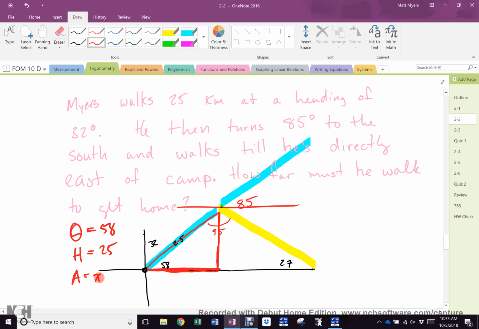Now the only trig you people have done uses O and A, right? Well, I've got A and H. But I've got a right angle triangle. Can I do trig with a right angle triangle? I can. Can you yet? No. But you understand A's and H's, don't you?